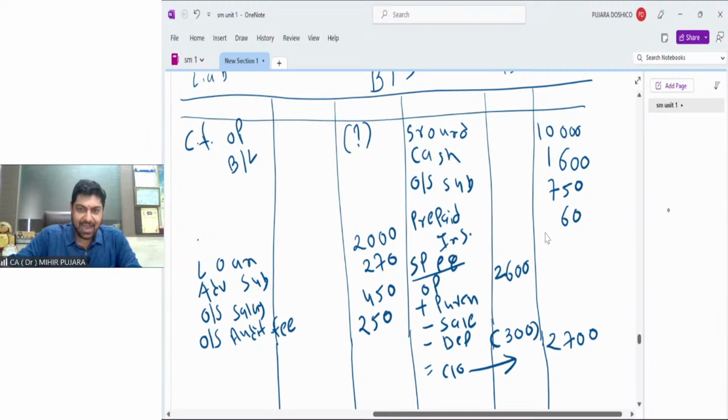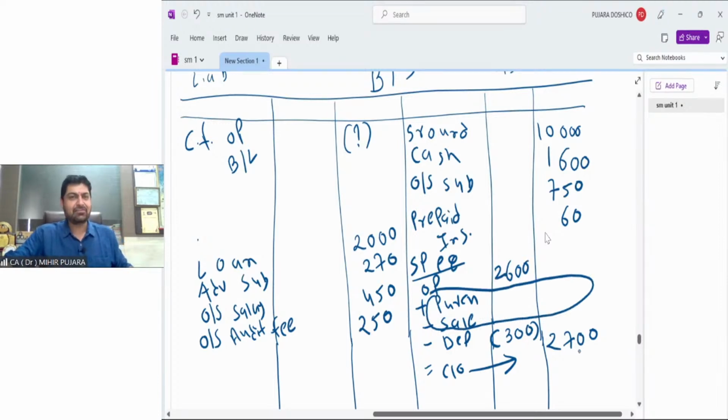So now tell me guys, you have 2600 opening balance, 300 depreciation, but you have a closing balance of 2700. So tell me, during the year, have you purchased the equipment or sold the equipment? Either it is purchase or sale. Tell me guys. You have 2600 opening balance, 300 depreciation, 2700 closing balance.